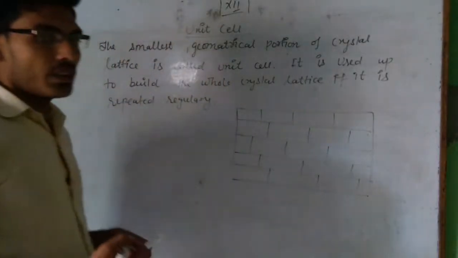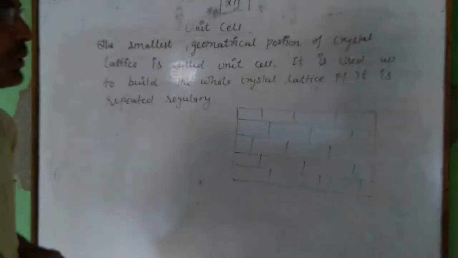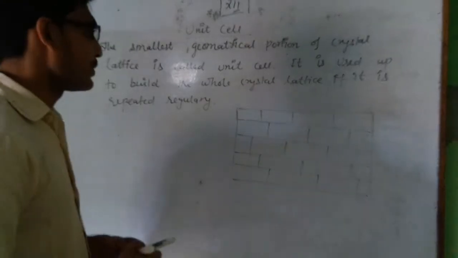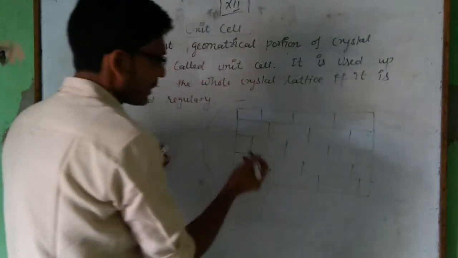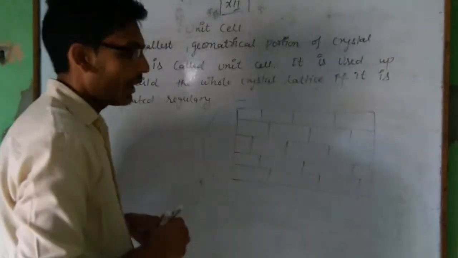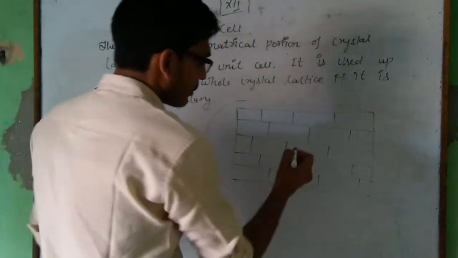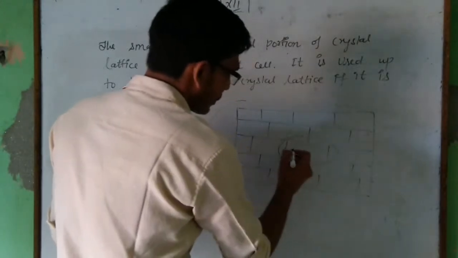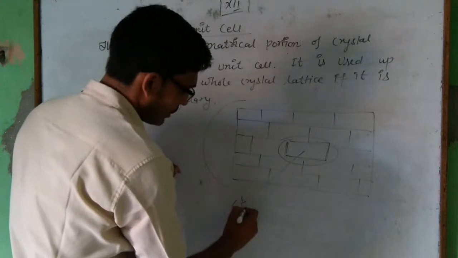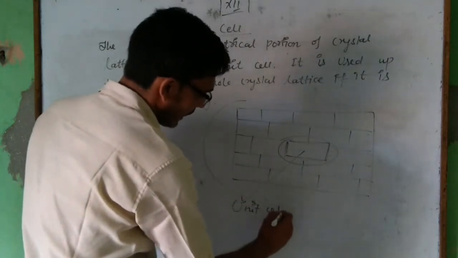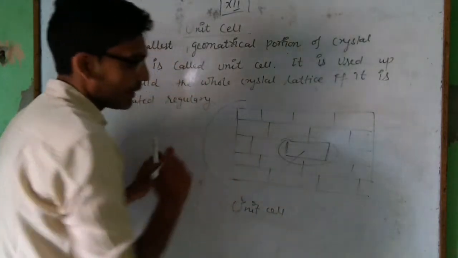So what is the unit cell? The smallest portion of the crystal lattice. This whole wall is the crystal lattice, and the smallest portion, one brick, you can say one brick is the unit cell of this crystal lattice.